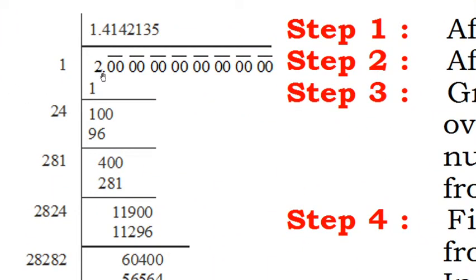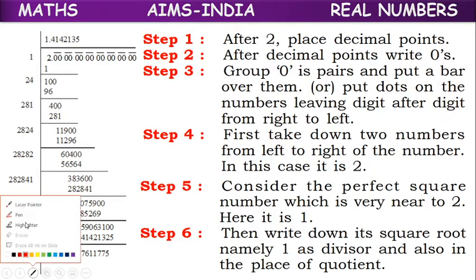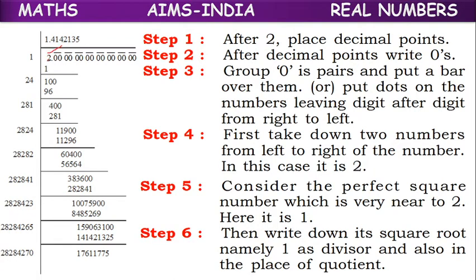Before the decimal point, what are we having? We are having 2 here. To the left of the decimal point, we have 2.